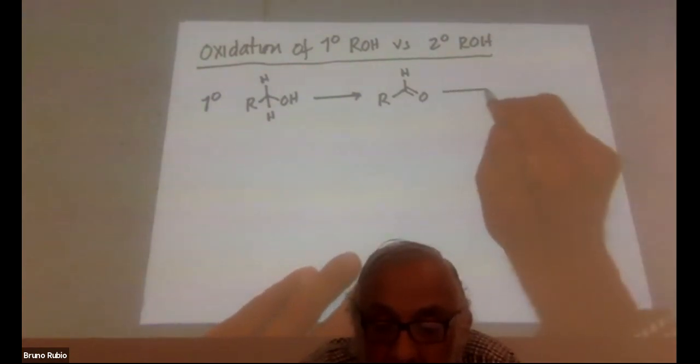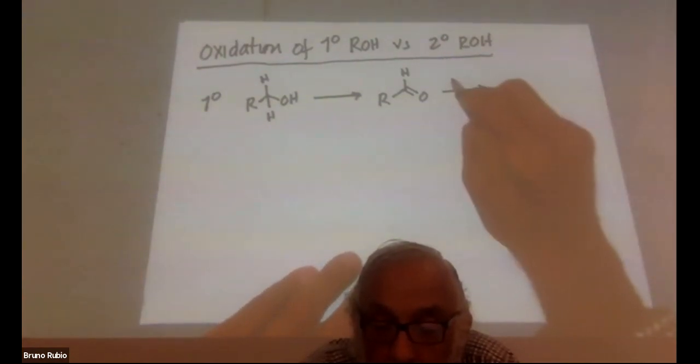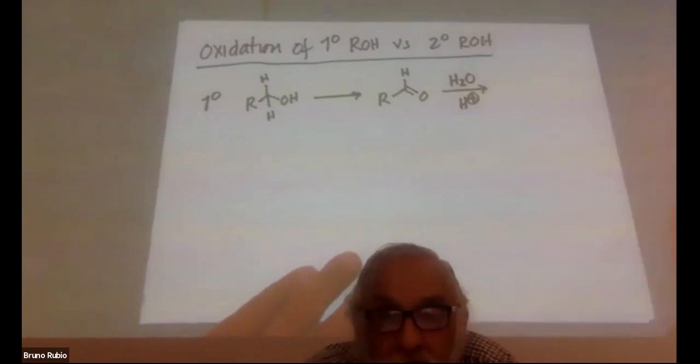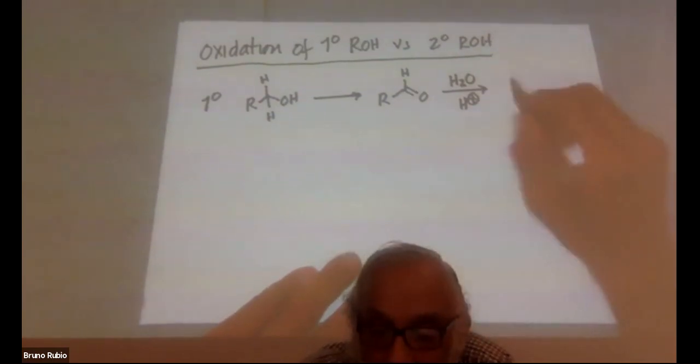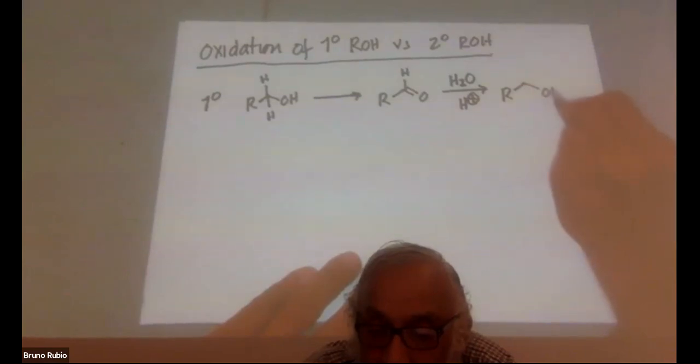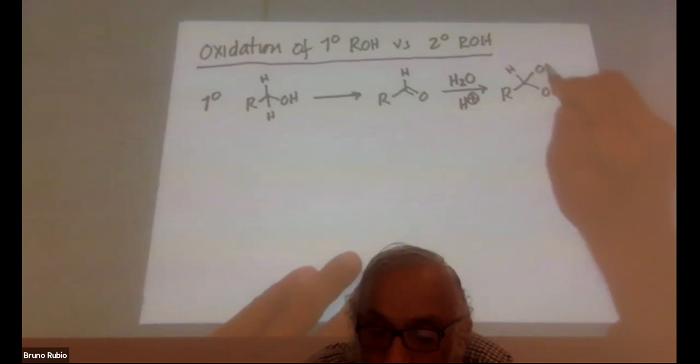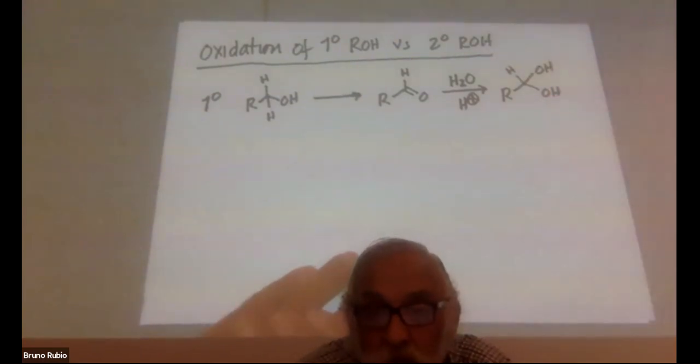Now, this aldehyde reacts with water under acidic conditions, right? We wrote out the mechanism for all these steps last time. And we form a special kind of alcohol called a geminal diol. It's not important what it's called, but that's what it is.